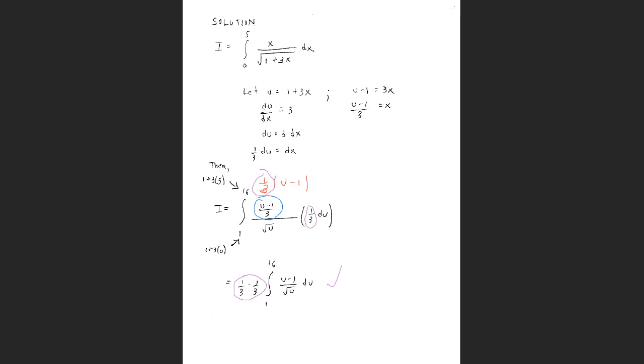Naturally, what we have to do is rewrite (u minus 1) over the square root of u. Well, we'll remember that (u minus 1) over the square root of u can be written as u over the square root of u, minus 1 over the square root of u.